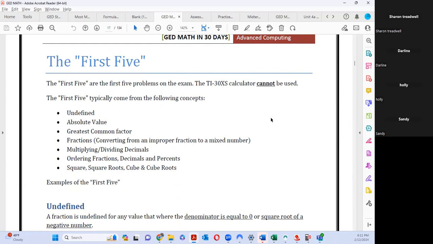That's about 9 or 10 areas that you only get 5 questions from, and you cannot use your calculator.